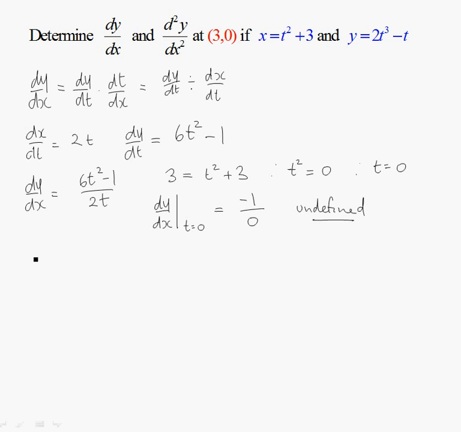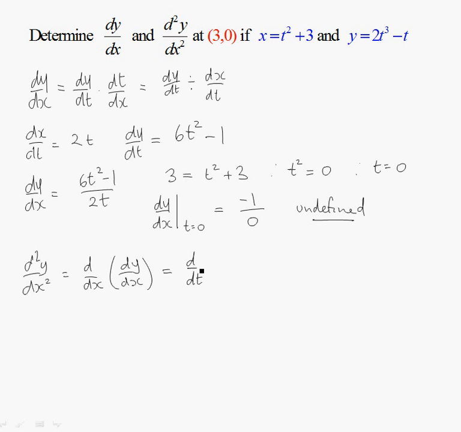The second thing is to find the second derivative. Well, the second derivative of y with respect to x is d by dx of the first derivative. And we've got the first derivative here, but the first derivative is in terms of t. So we can only really differentiate this in terms of t. So again, it's the chain rule.